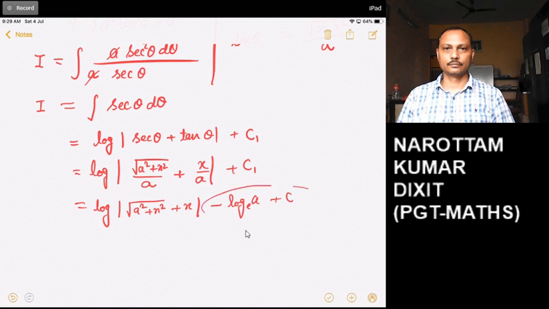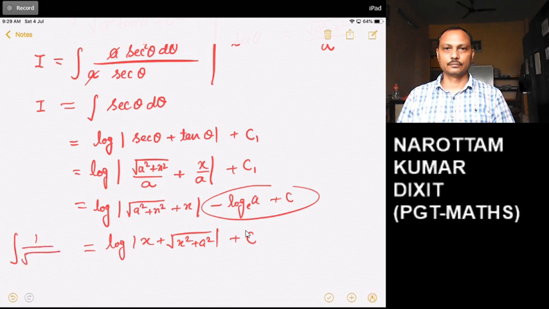Now both terms are constants, so we can write a new constant in place of both terms, and the first term can be written as log of x plus under root x square plus a square plus c. So this is the integration of 1 upon under root x square plus a square dx.